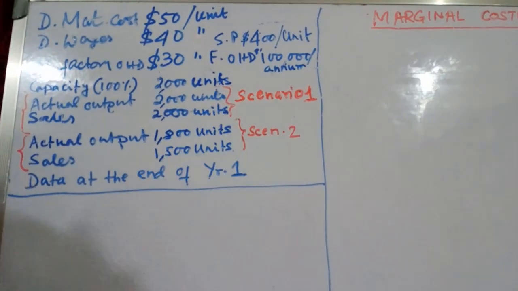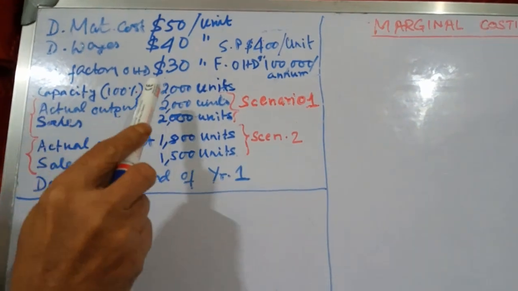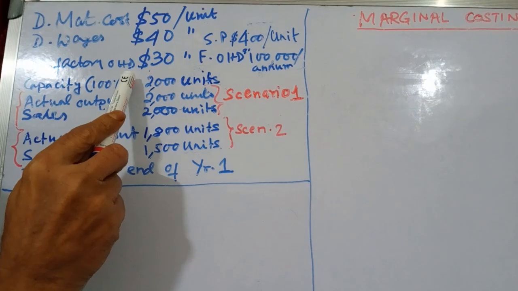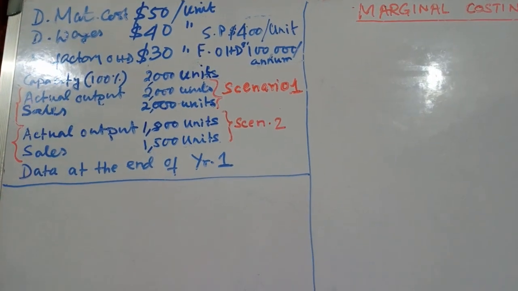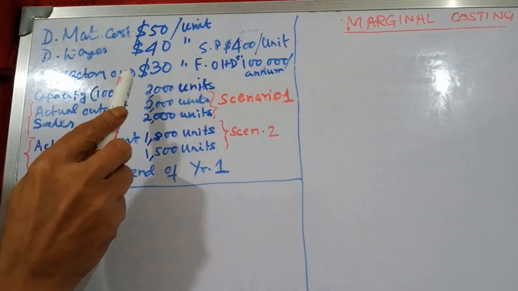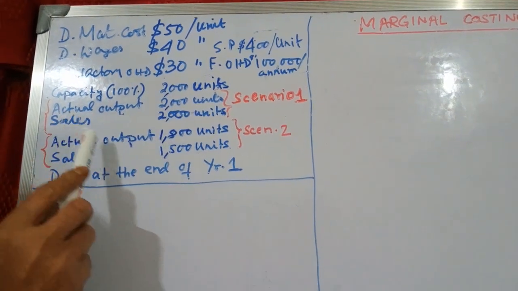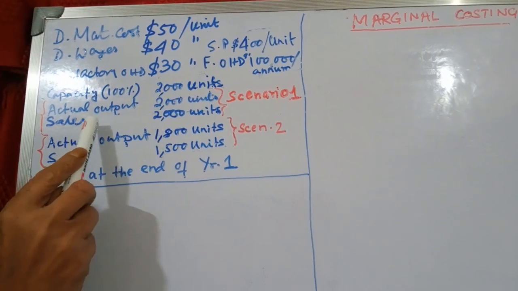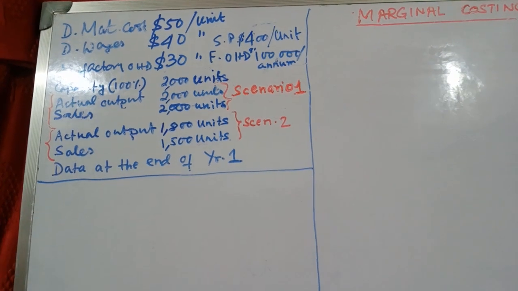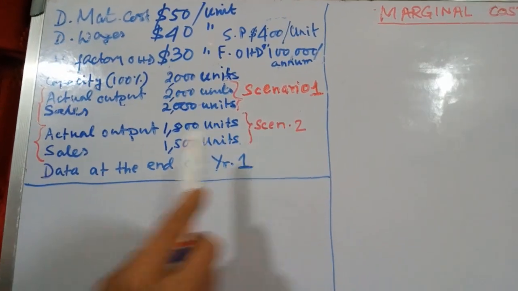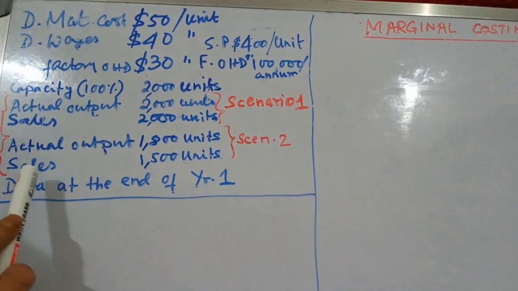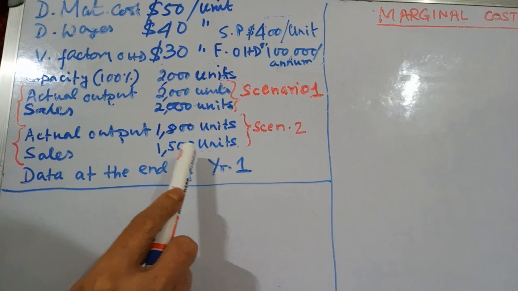This is one scenario where actual output is equal to the maximum output possible, that is, the firm is fully utilizing the installed capacity. Capacity is 2000 units, the firm is producing 2000 units, and selling 2000 units. So there is no closing stock. And this is scenario 2, that is, actual output is 1800 units and sales is 1500 units.